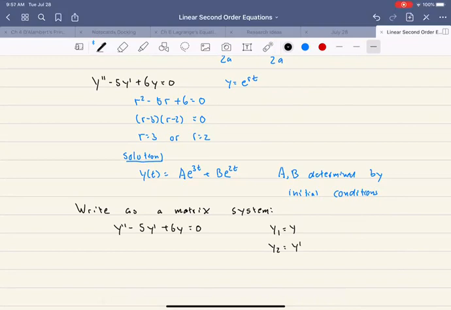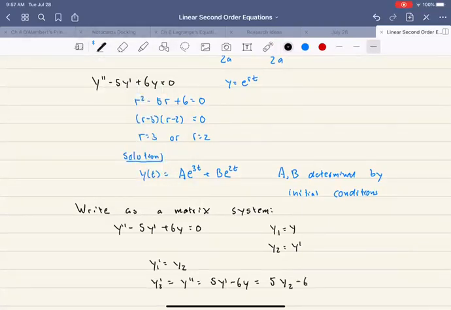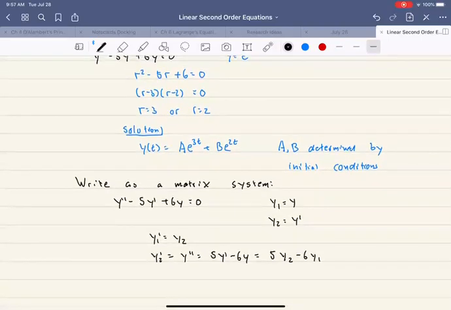Then y1 prime equals y2. y2 prime equals, remember y2 prime is the double prime of y, so that's going to equal 5y prime minus 6y, which is 5y2 minus 6y1.